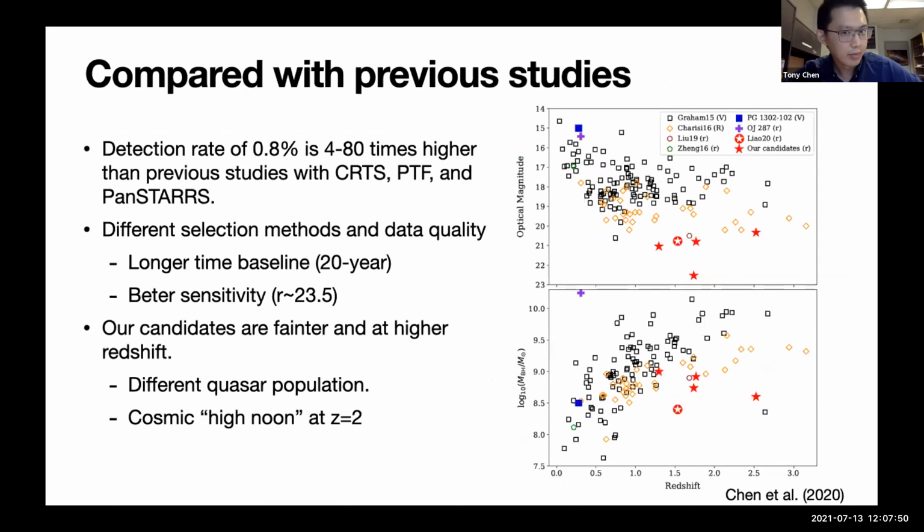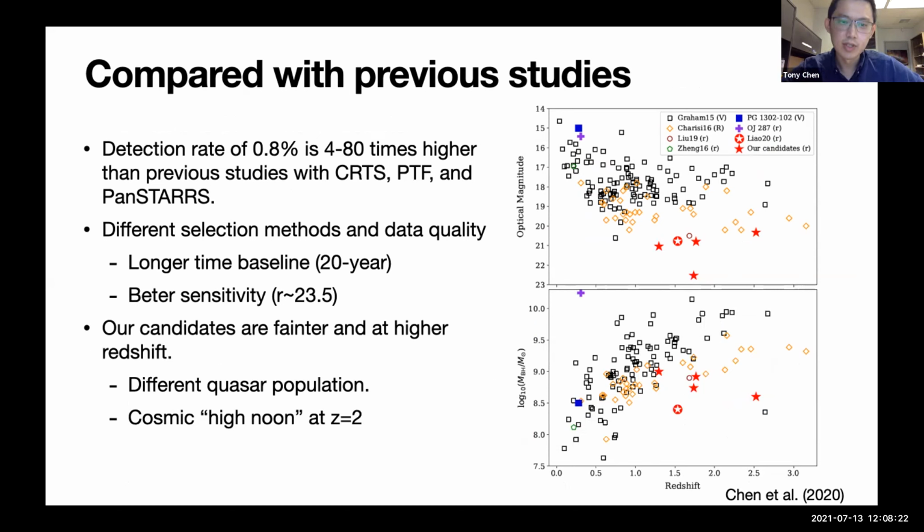And we can also compare with previous studies from the Catalina and PTF, as well as Pan-STARRS, and we find our detection rate is slightly higher than those previous studies. However, different studies have different selection criteria and data quality, so it's not a fair comparison to just compare the detection rates.